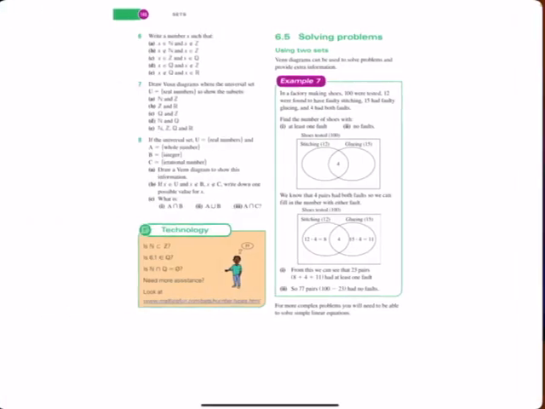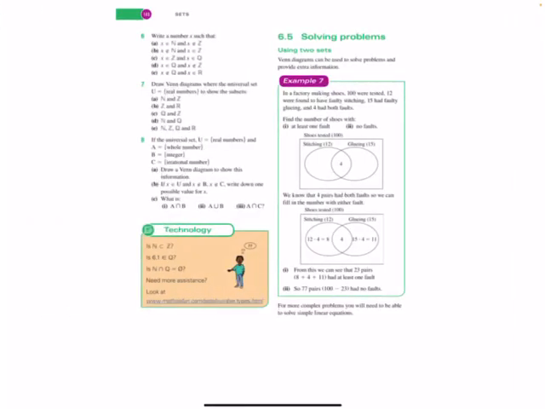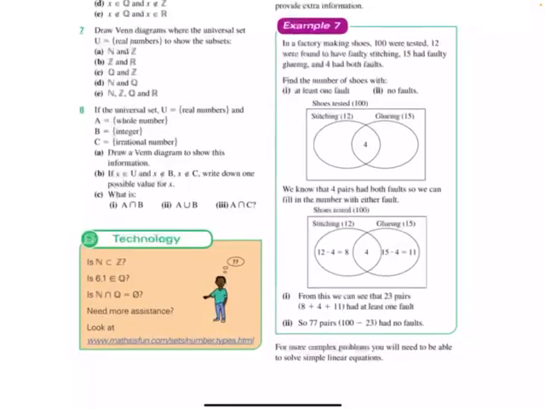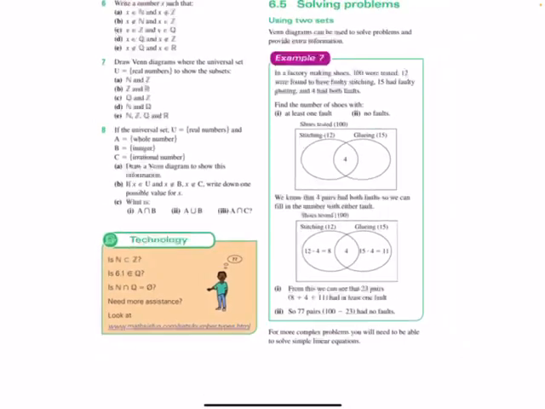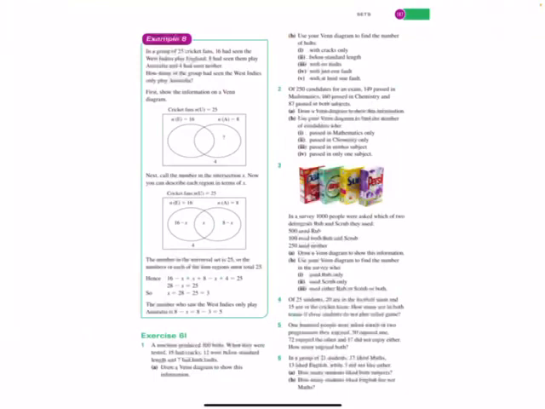Chapter 7 deals with Venn diagrams, and these are the types of Venn diagrams you receive in exams. Either you have to draw it, or it will be drawn for you.